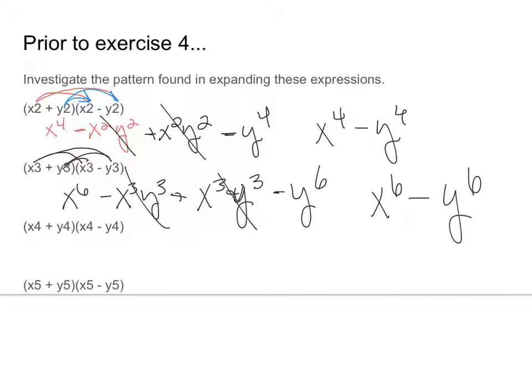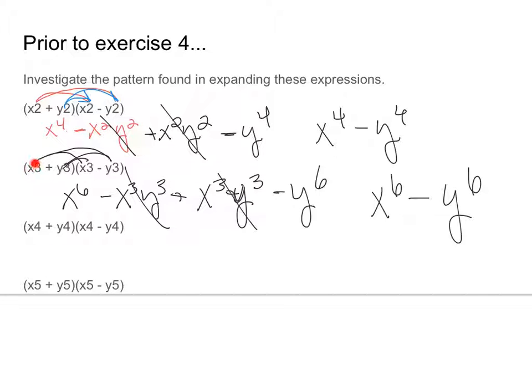So what do you think we're going to have here? Okay, if we look at the pattern, I have x squared plus y squared, x squared minus y squared. The middle terms always cancel out, and I'm left with the first term times itself, and the second term times itself.